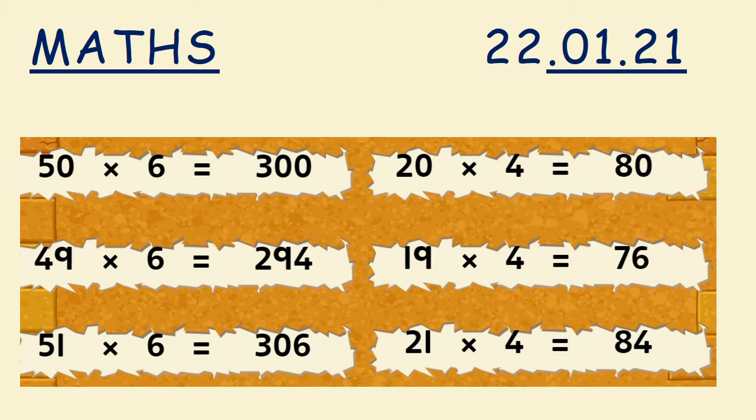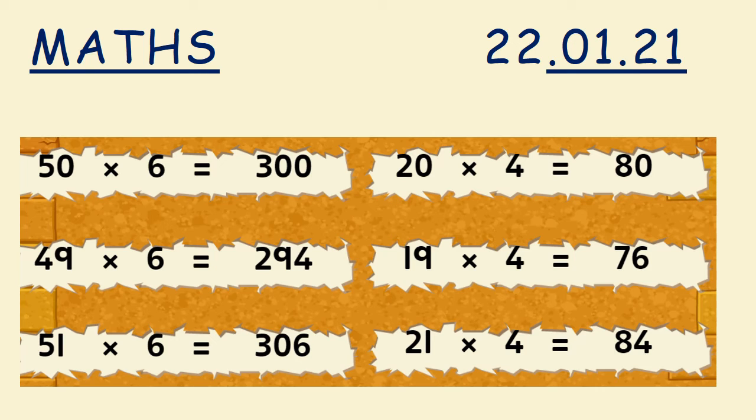49 times 6 equals 294. I know by partitioning the number 49, I have 4 tens and 9 ones. So 40 times 6 equals 240. And 9 times 6 is 54.